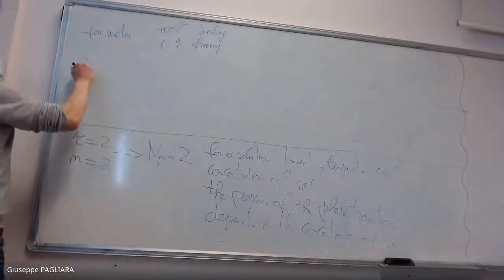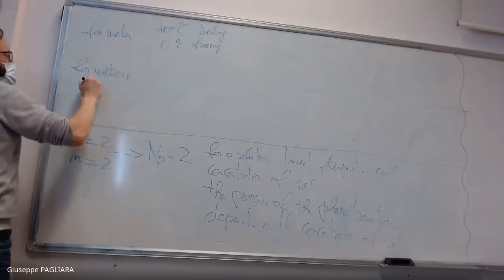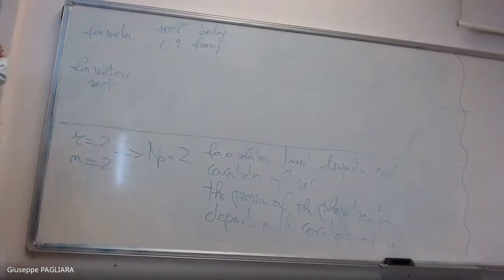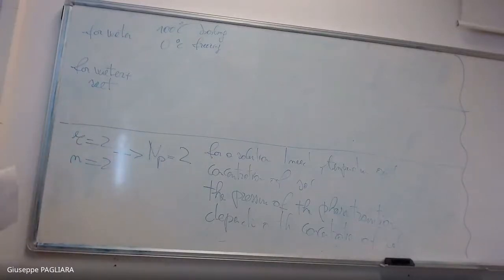But for water plus salt, for instance, it's not like that anymore. The temperature of fusion or freezing and the temperature of boiling or condensation depends on the concentration of the other component of the system. No?